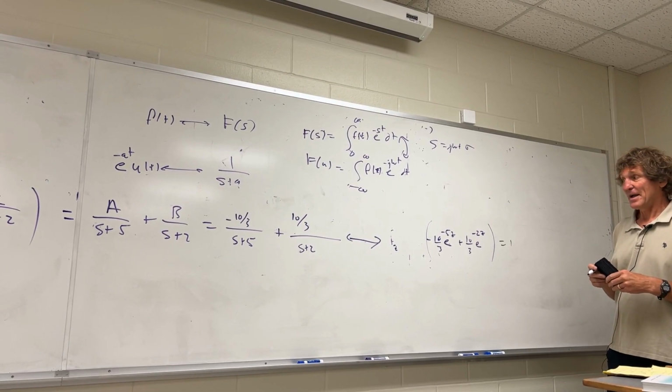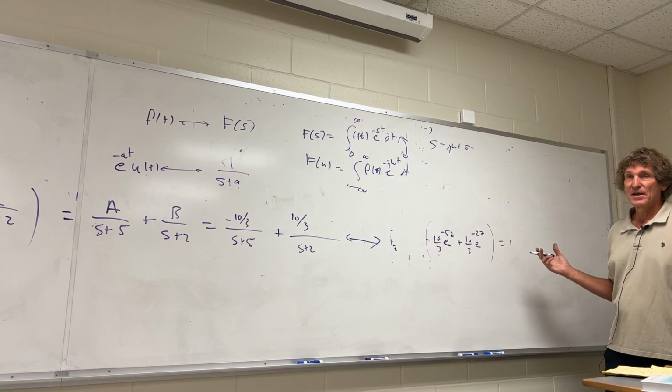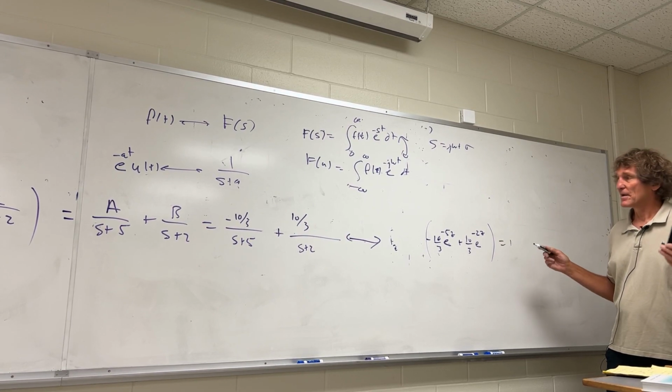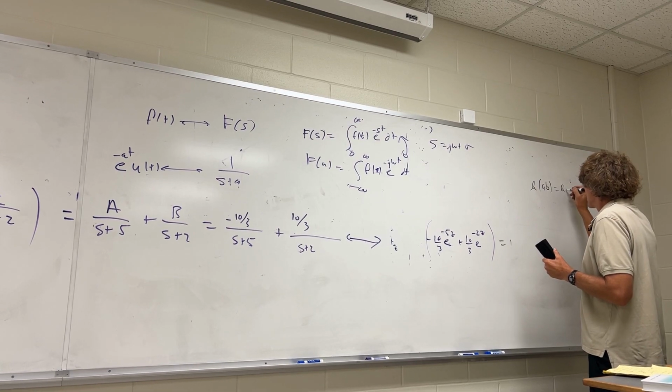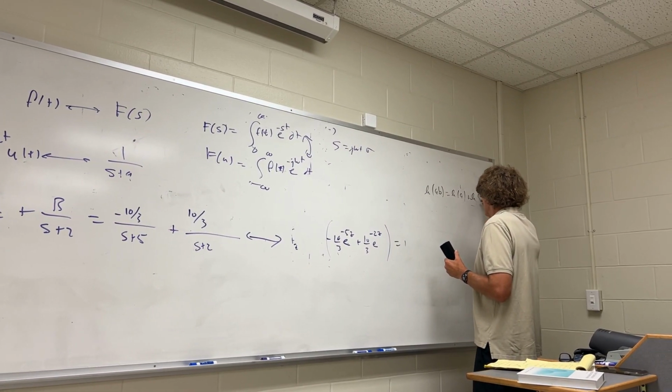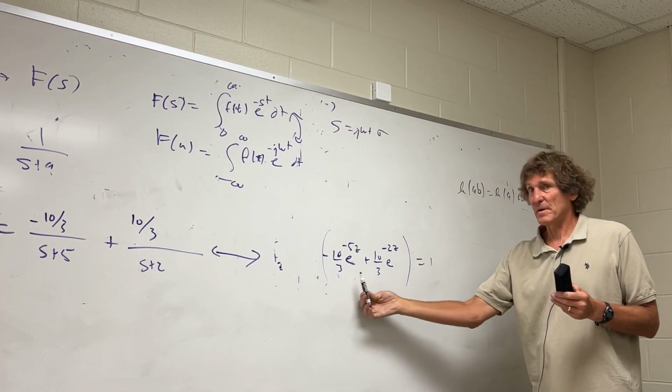Natural logs. You can take a natural log of everything, right? You know the natural log of a times b is log of a plus log of b, right? But what about this?